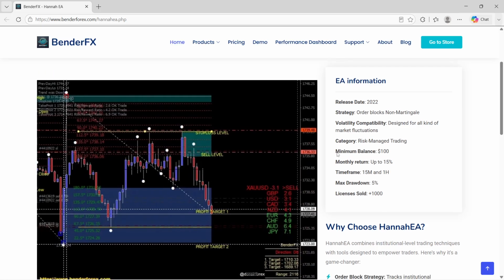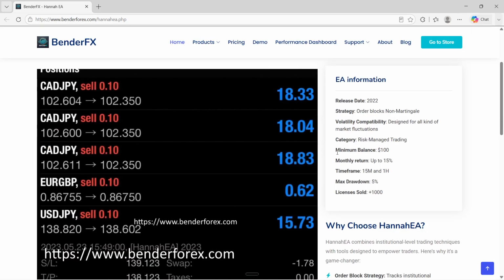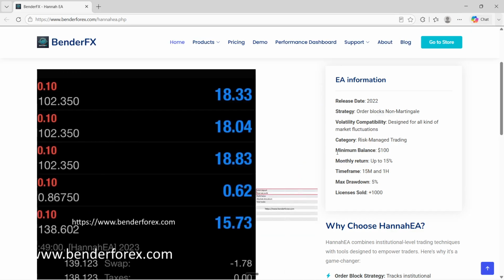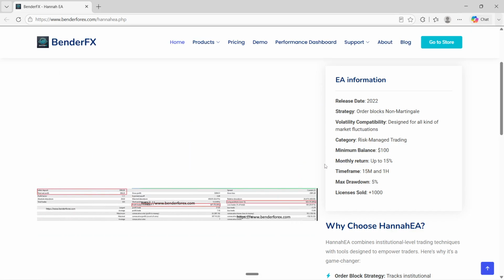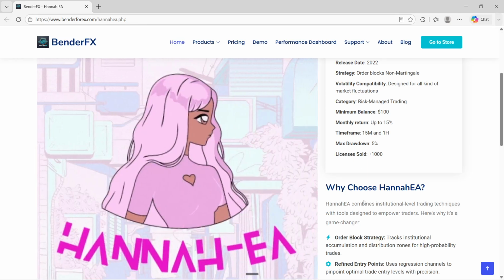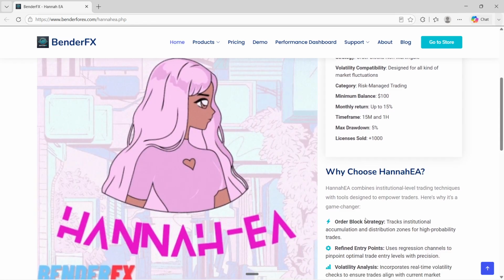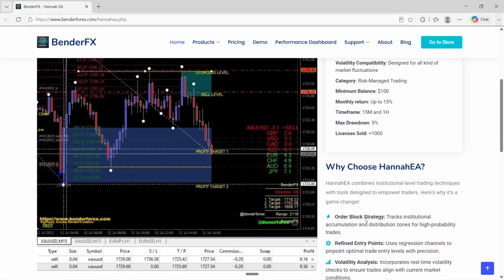Alright, so as you can see from the official website, HANA EA focuses on institutional style order blocks, zones of accumulation and distribution, combined with regression channels to refine entry points. It also incorporates real-time volatility checks to filter trades that do not align with current market conditions.